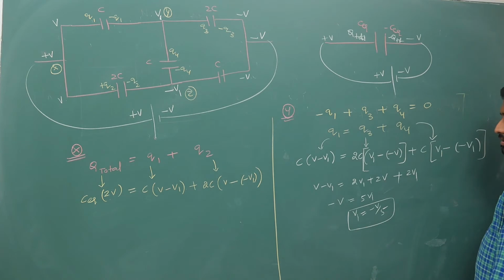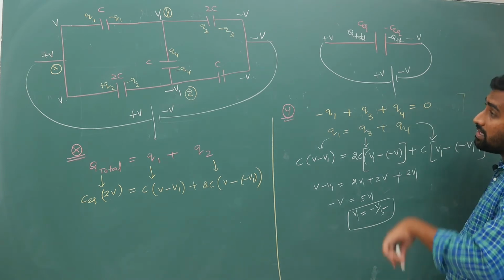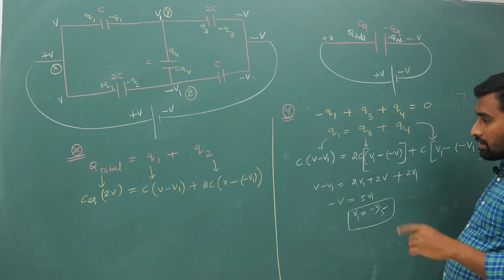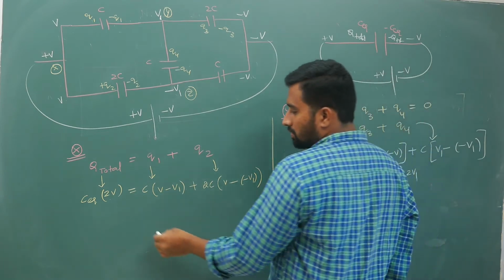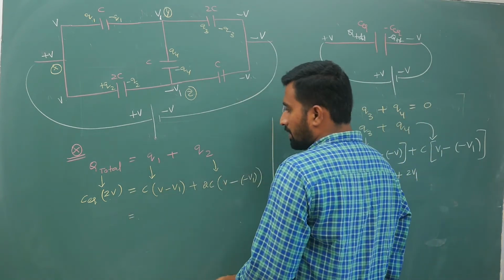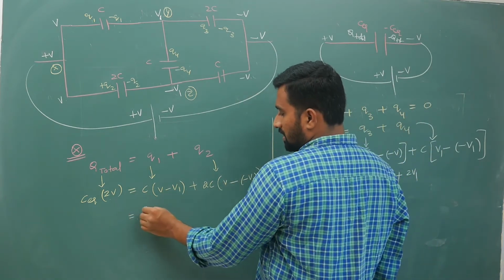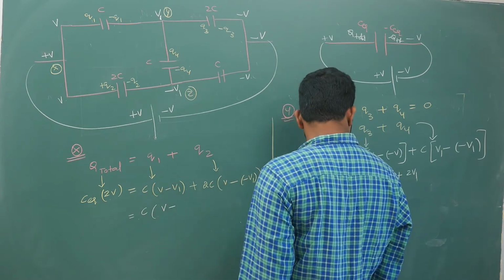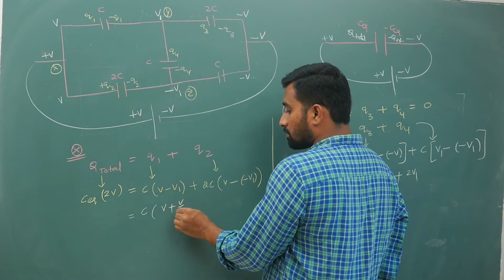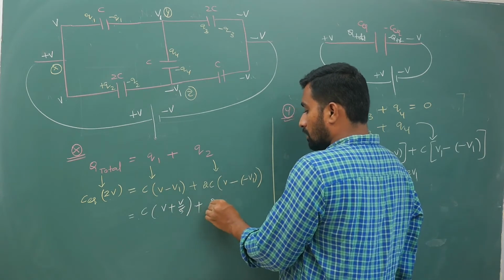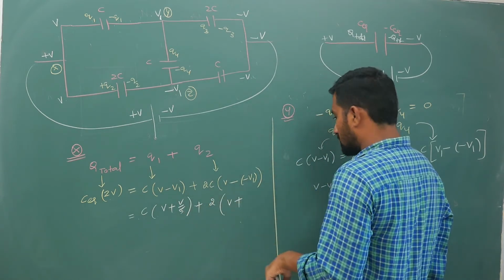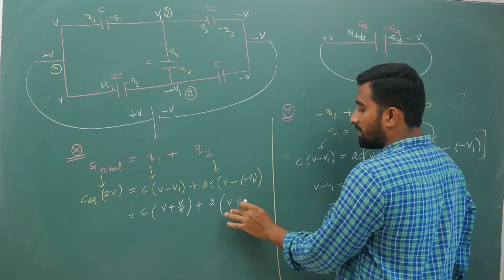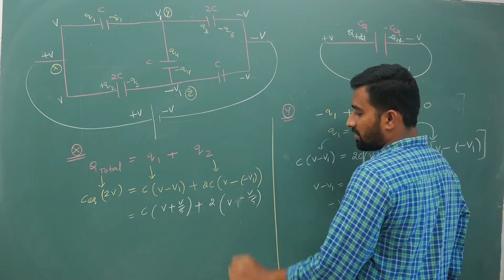Now let's substitute this back into the equation. Q1 is C times V minus V1, that is V minus of minus V by 5, which is V plus V by 5, plus 2 times V plus V1, so it is V minus V by 5.